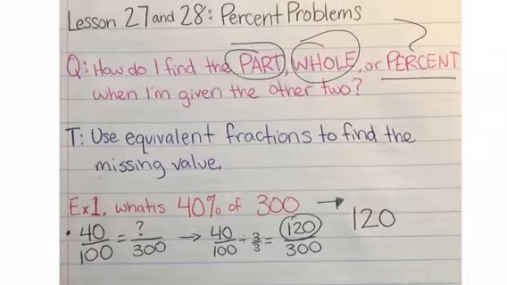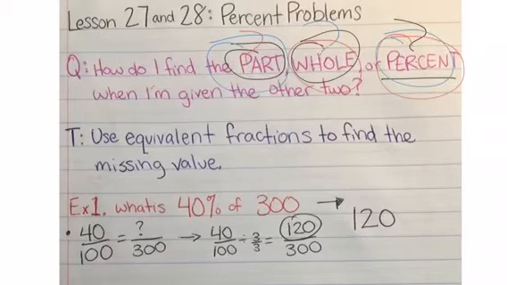That's what we're looking for. Or there will be times where we have the whole and the percent, and we'll be looking for the part. Or there will be times where we have the part and the percent, and we'll be looking for the whole. Hope that's not too crazy with all the different things on there.